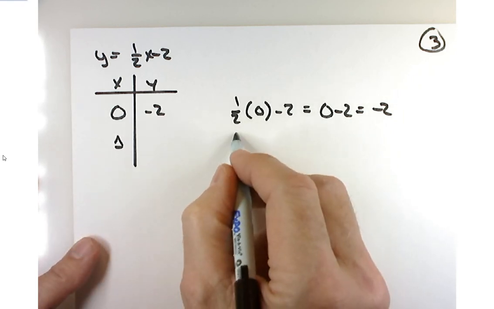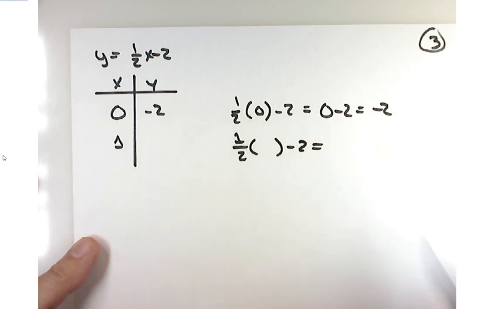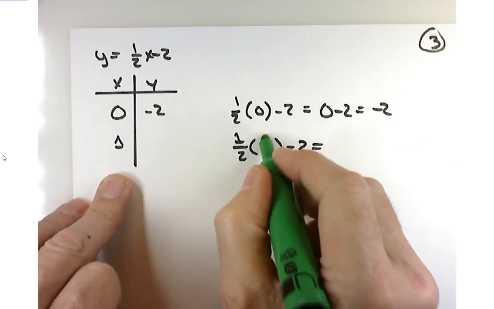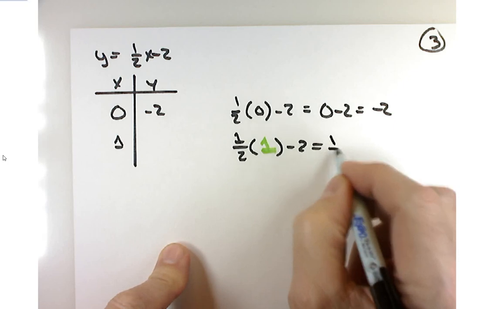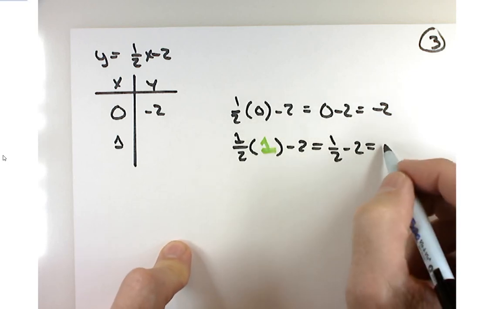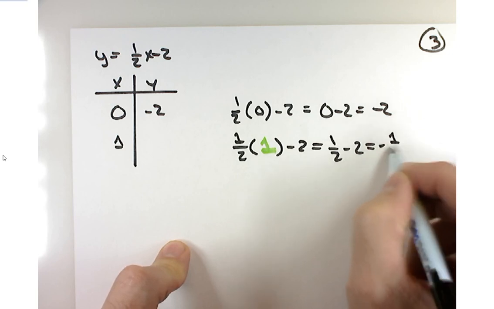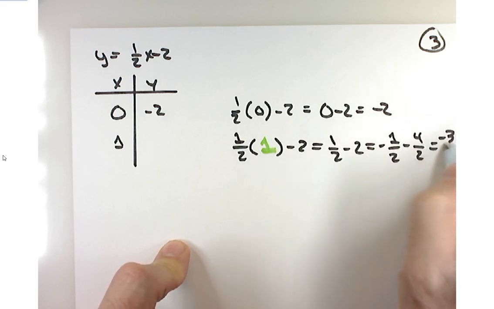If we try x equal 1, well, we're going to end up doing a little bit more work and maybe getting a little bit outside our comfort zone. If I put in a 1, then I end up with 1/2 minus 2, which, depending on you, maybe you want to write as -4/2 and get -3/2.